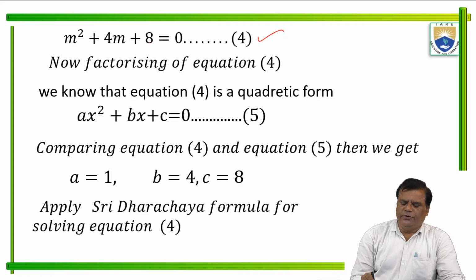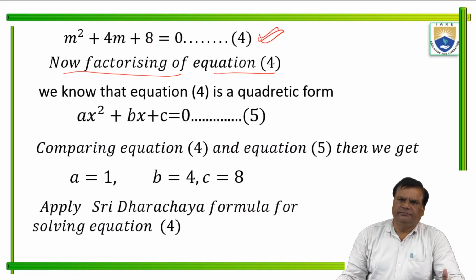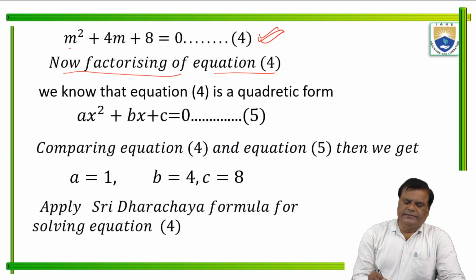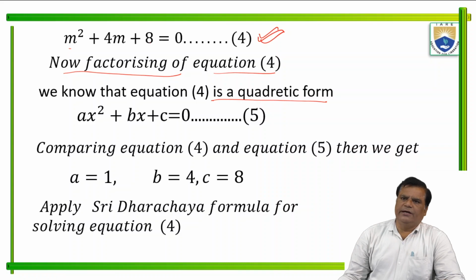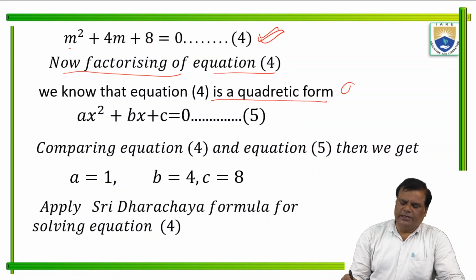Now factorizing equation 4. How can we factorize it? We see that equation 4 is in quadratic form. What is the quadratic form? ax square plus bx plus c equal to 0.